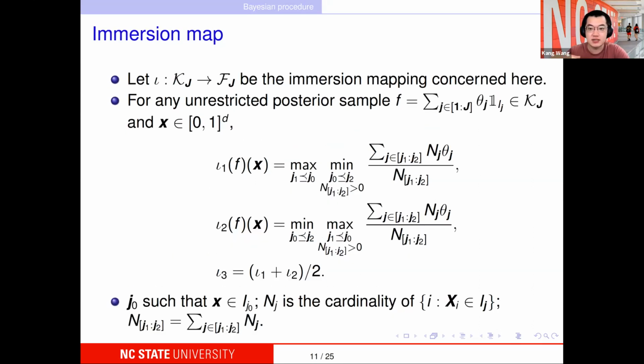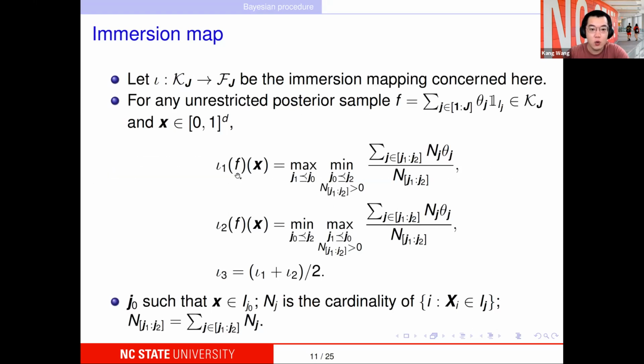The third one just takes the average, to neutralize the effect of the order of maximization or minimization. The function takes the average over n_j, the function values in the restricted subscript set.